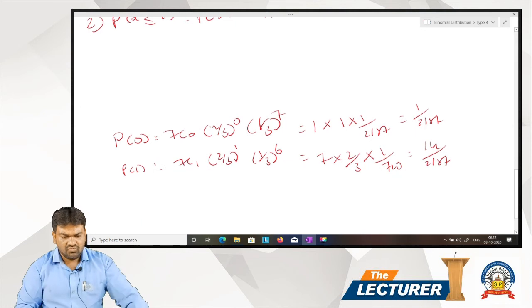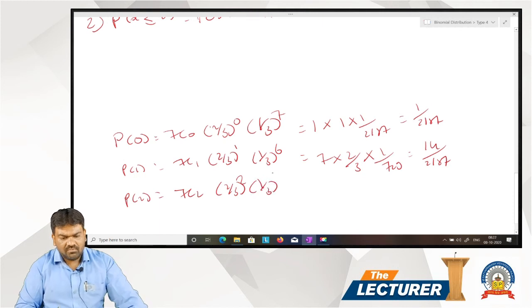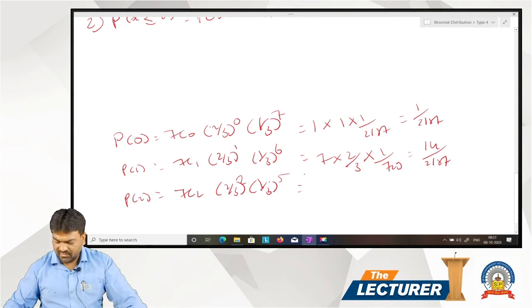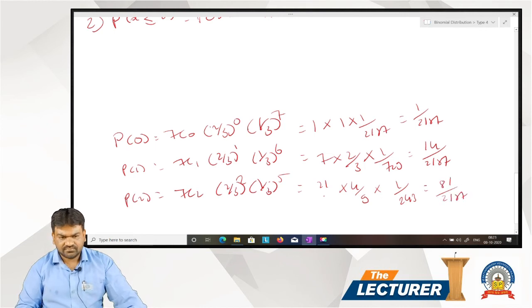P of 2 is 7C2, 2 by 3 raised to 2, 1 by 3 raised to 5. 7C2 is 7 multiplied by 6 by 2, 21, multiplied by 4 upon 9, multiplied by 1 upon 243. 21 multiplied by 4 is 84 upon 2187.